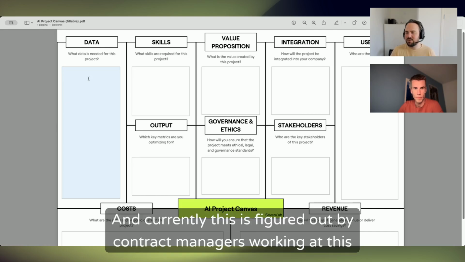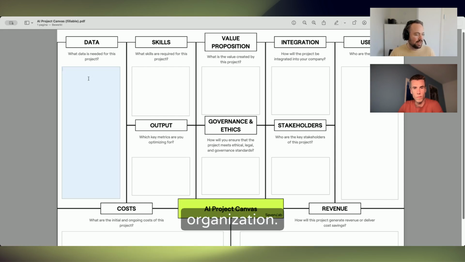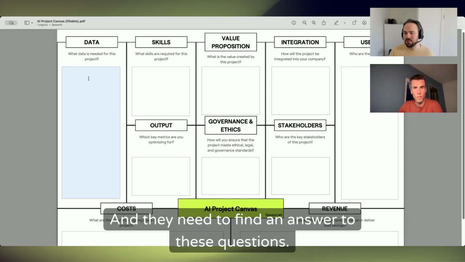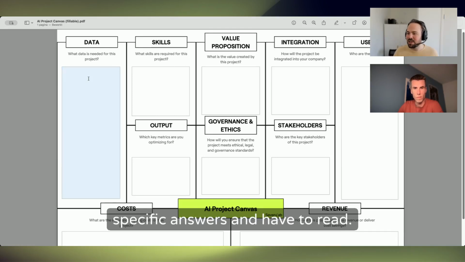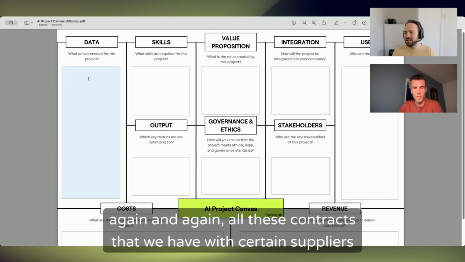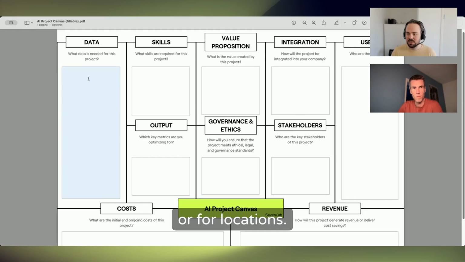Do we need to work with 5-watt LEDs or 10-watt LEDs? Currently this is figured out by contract managers working at this organization, and they need to find an answer to these questions. They go into the network drive and look for these very specific answers and have to read again and again all these contracts that we have with certain suppliers or for locations.